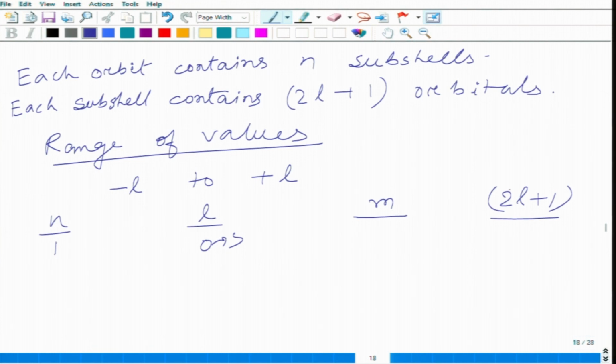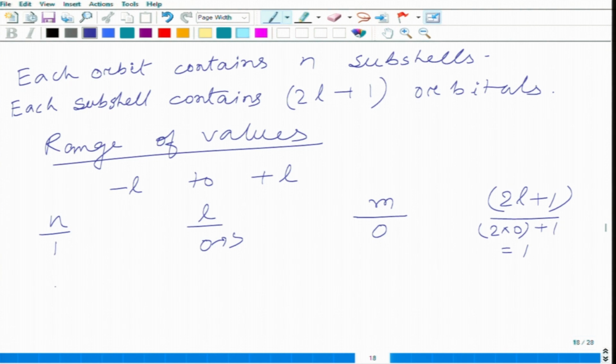So, 2 into 0 plus 1, this is 1. So, for the s subshell, there will be only one orbital, that is from minus L to plus L. 0 has no minus and plus. So, here the magnetic quantum number will also have the value of 0.